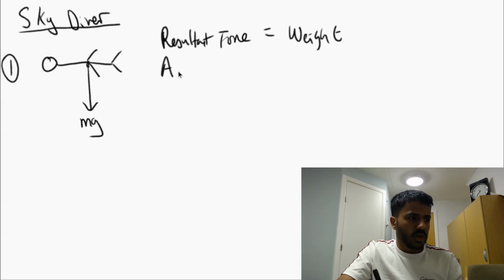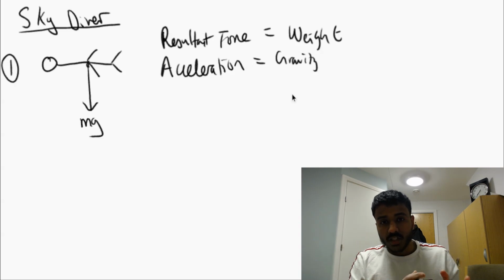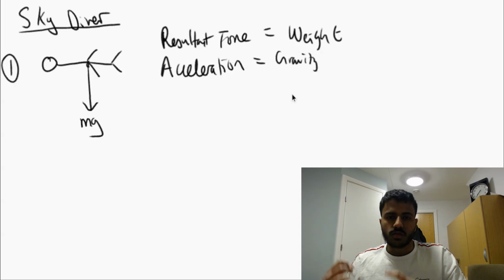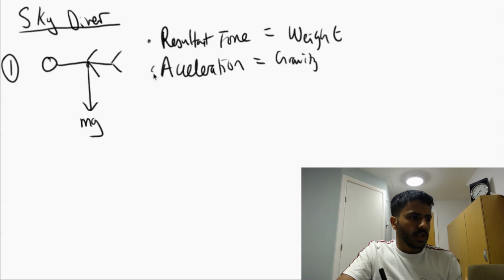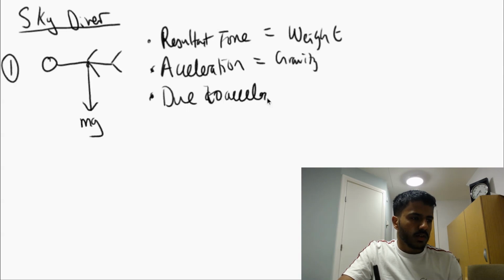And therefore he will accelerate due to gravity. His acceleration is going to be equal to the value of g. And because he's accelerating, that means he obviously is going to have an increasing velocity.